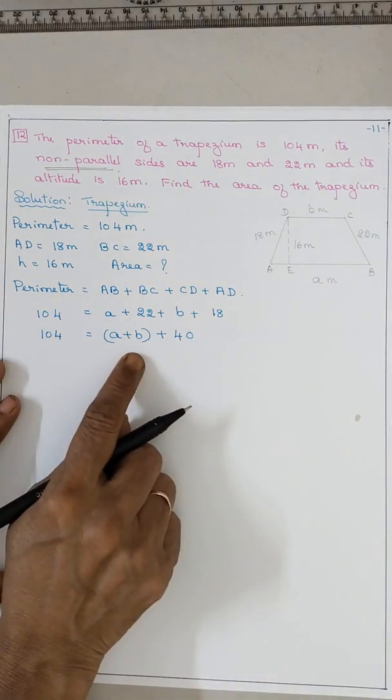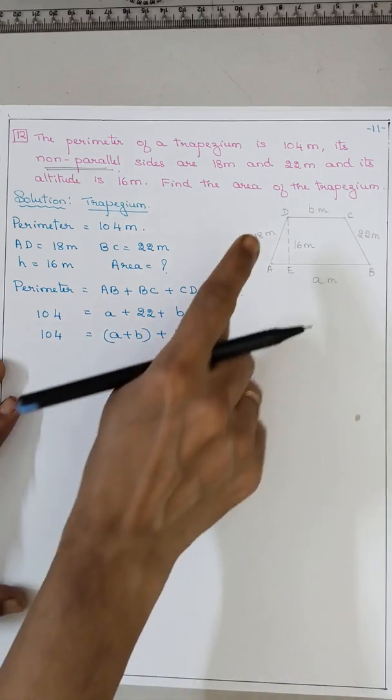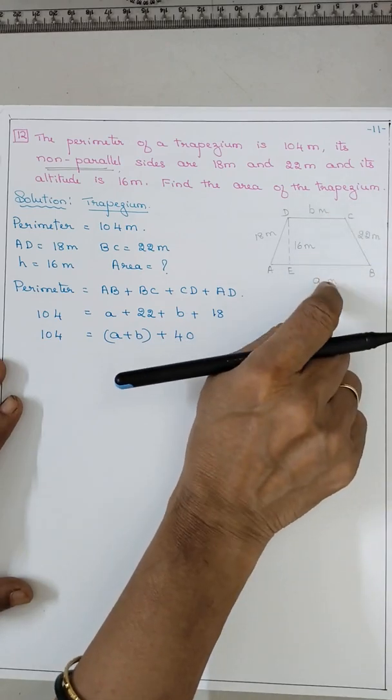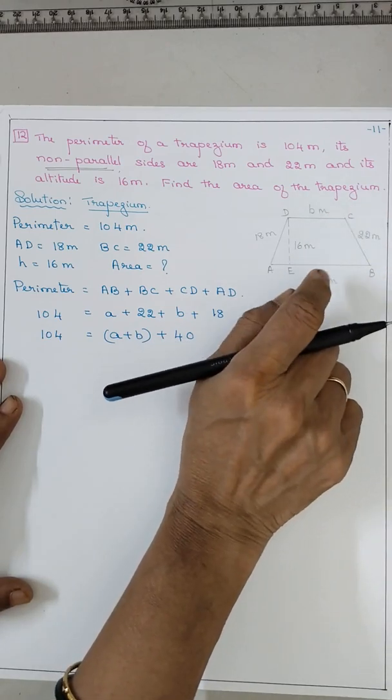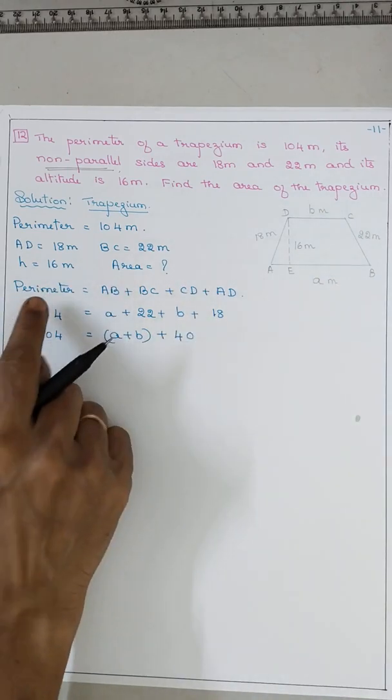Now we will be getting A plus B. Did you understand? Non-parallel sides are given, parallel sides are not given, so you will get the sum of the parallel sides by using the perimeter.